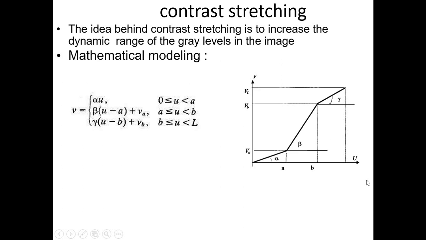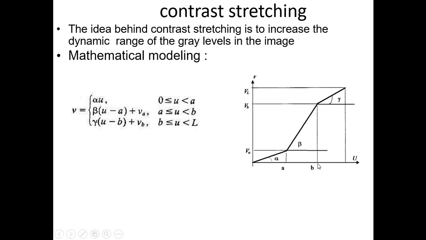Next, for a value of u between b up to the last pixel value L, so u between b to L, it is this curve used for the transformation, and it is mathematically defined as v is equal to gamma times (u minus b) plus vb.